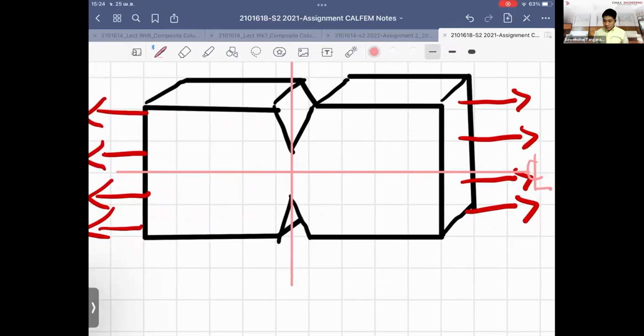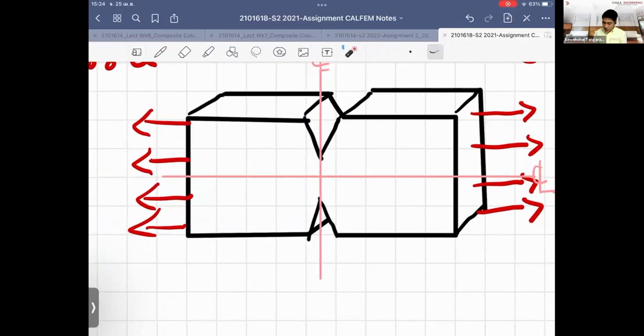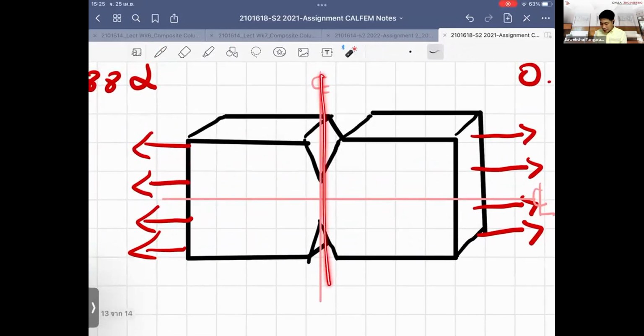By doing this, I'm saying that the response of each quarter will be the mirror image of the others. For example, if I'm looking at the symmetry about the y-axis, the response of the notch problem here will be similar to the response over there, but on the opposite side. It's like the mirror image of each other.